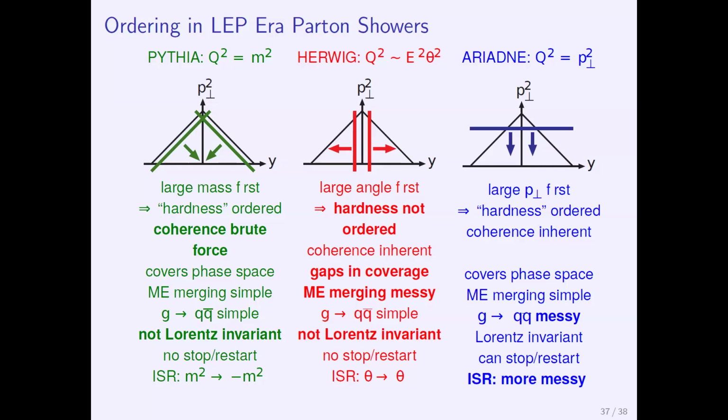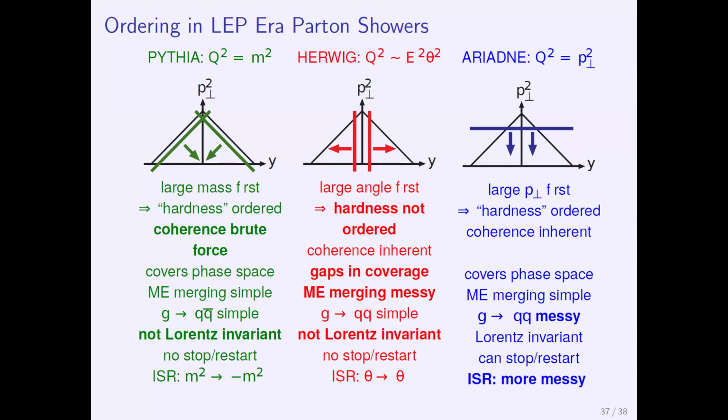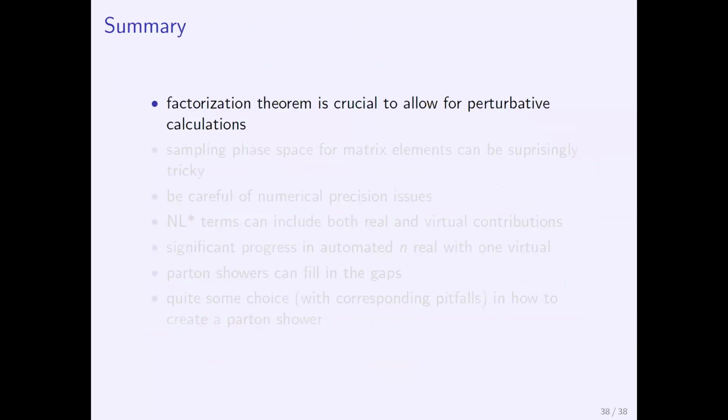And here you actually end up with something that's quite nice, but then calculating your ISR ends up being a little bit more messy. It turns out that in modern parton showers, this PT ordering is used almost all the time. So you'll see here that Ariadne was kind of ahead of its time, because we now more often than not will use this dipole motivation, and we'll also use this PT ordering as well. Specifically, in Pythia 8, this PT ordering is used.